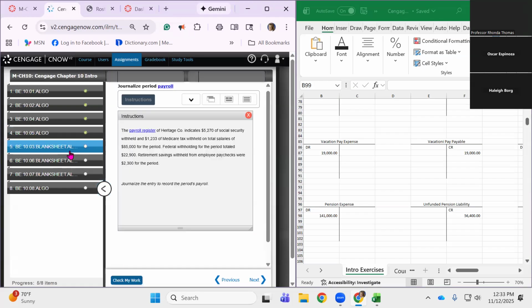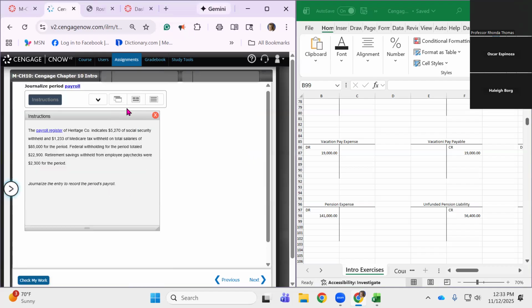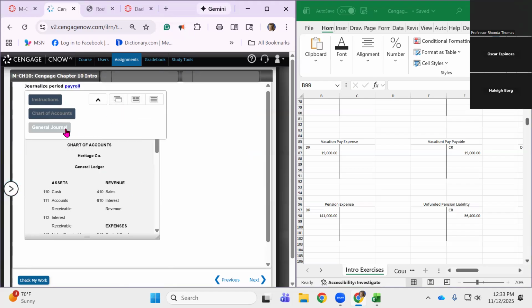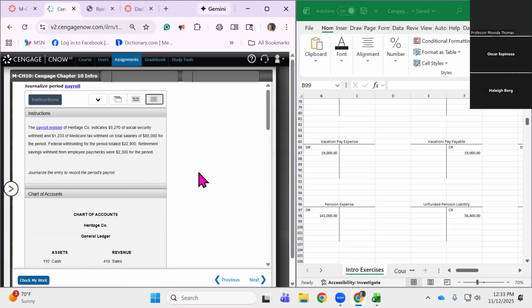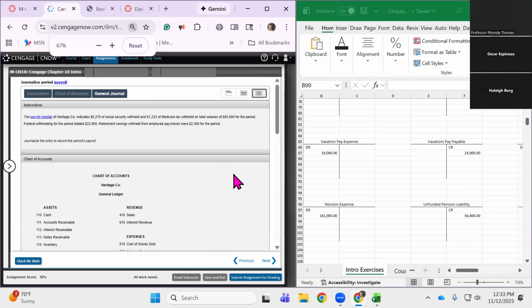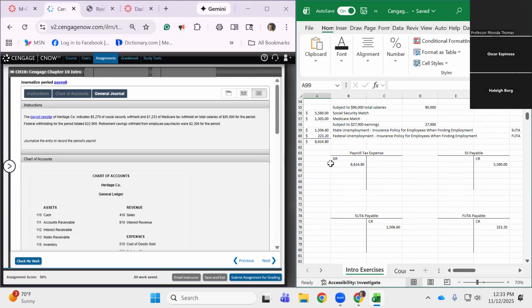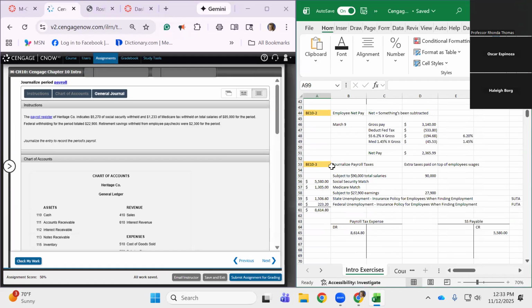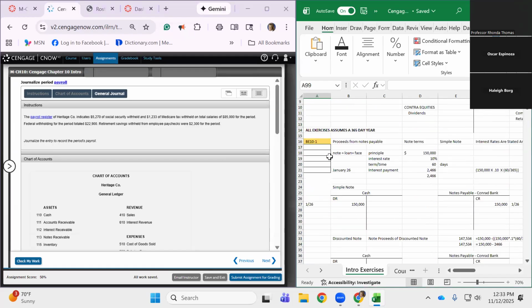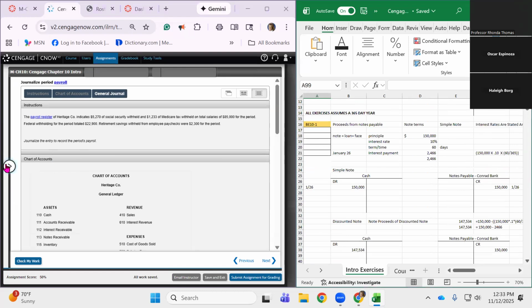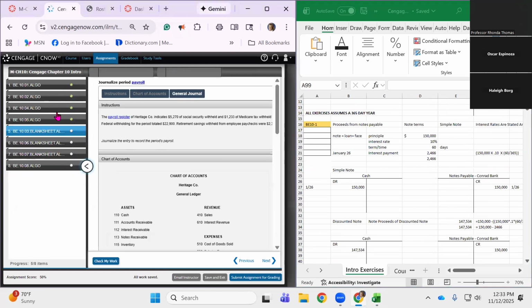A little bit longer now. All right, now we've got a payroll register that we're going to do. So I'm going to stack all these on top of each other, and we're going to actually pay. So this really should have happened up here. We have 1, 2, 4, 5.